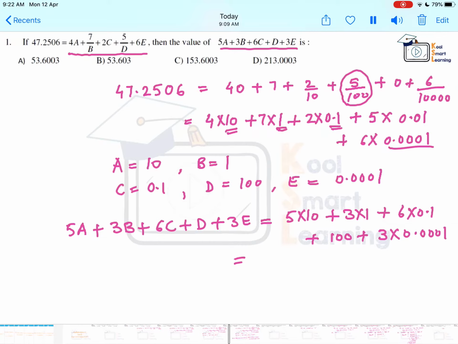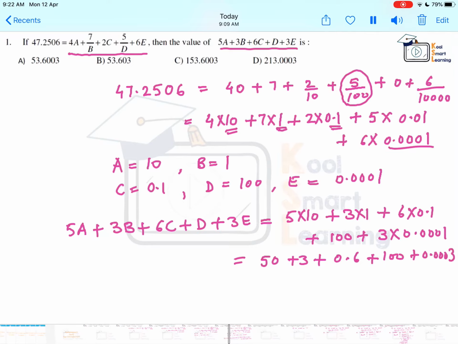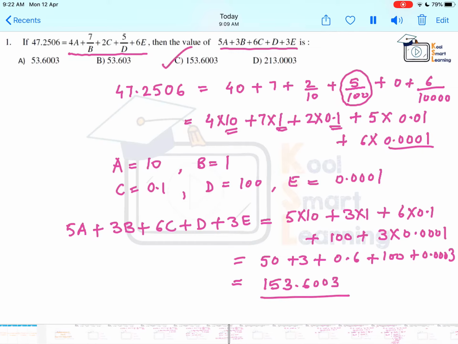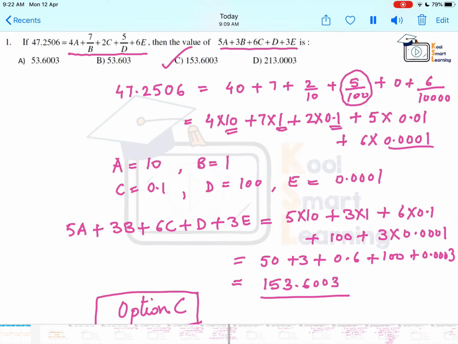So this becomes 50 plus 3 plus 0.6 plus 100 plus 0.0003. So this is nothing but 153.6003, which is option C. So this is the answer to this question.